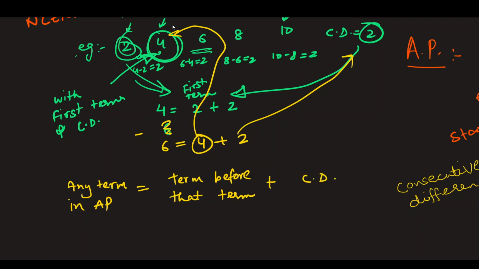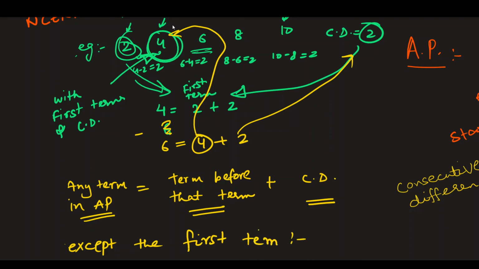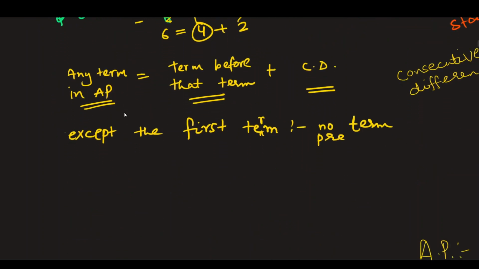So any term can be obtained from the previous term and the common difference, except the first one. Why? Because there is no term preceding it.